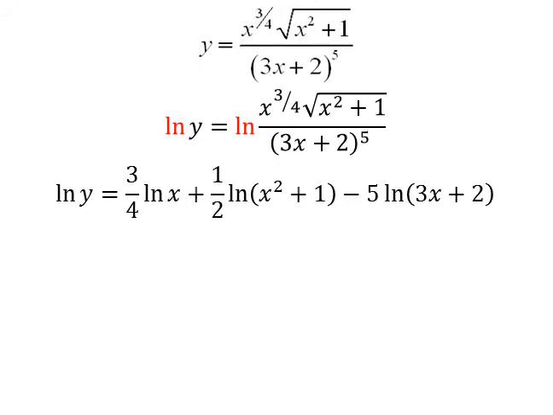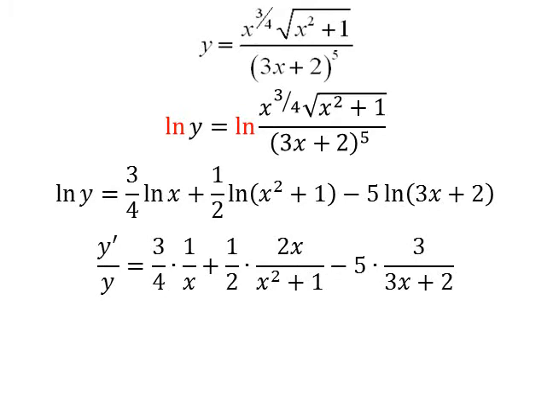The properties of logs allow us to rewrite the products, quotients, and exponents in this way. Take the derivative of both sides, and then isolate y prime by multiplying both sides by y, and again substituting the original expression in place of y.